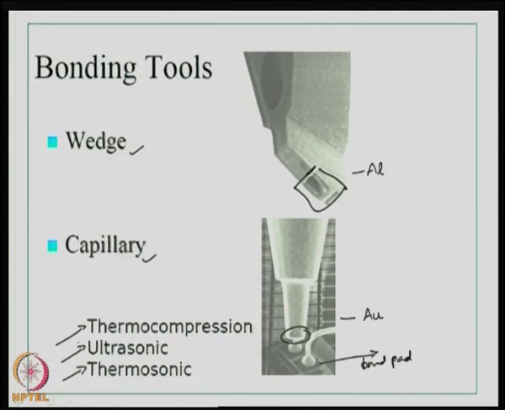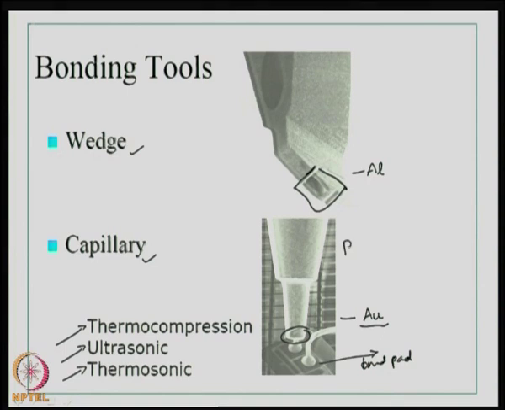So, the bonding tools are of two types: wedge and capillary tool that is used for bonding. Wedge tool utilizes aluminum, and you can see the shape of the wedge tool, which is flat and larger, and capillary comes of different sizes depending upon the diameter of the wire that you want to draw. Typically gold is used for capillary ball bonding.